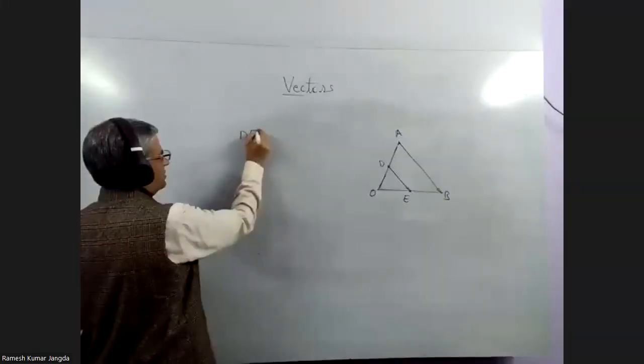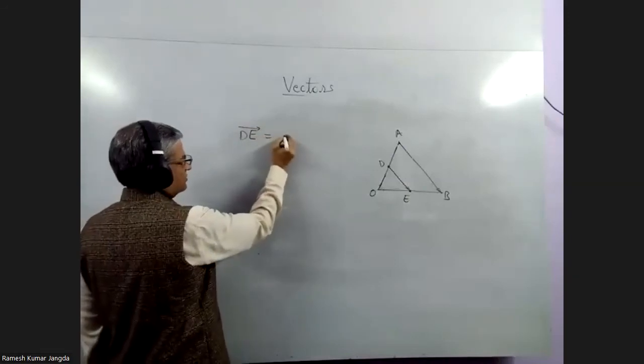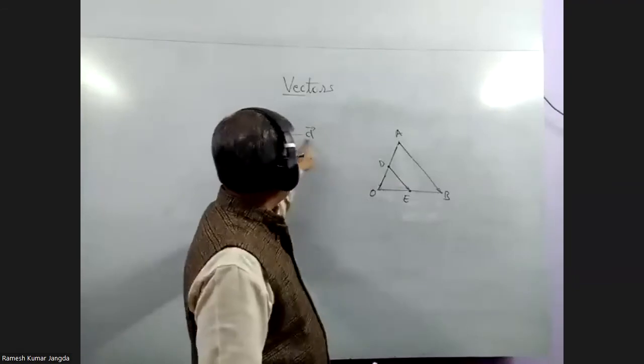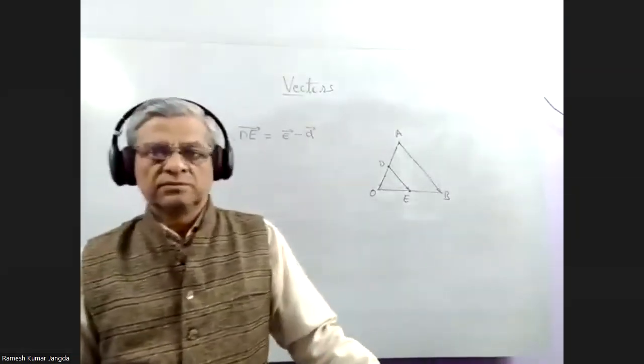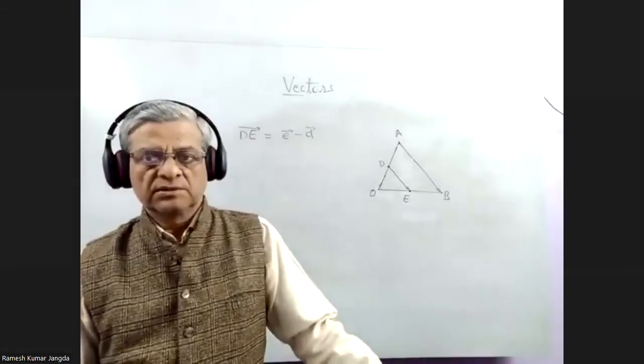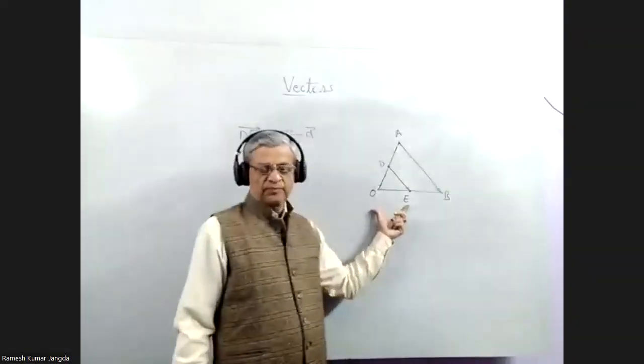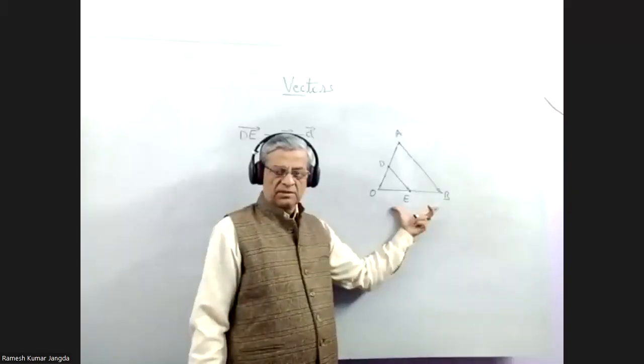What is vector DE equal to? E minus D. OE is E, OD is D. Now, how much is OE? Half of OB. ठीक है बेटा, तो क्या लिख सकते हैं इसके लिए? Half B equals OE.